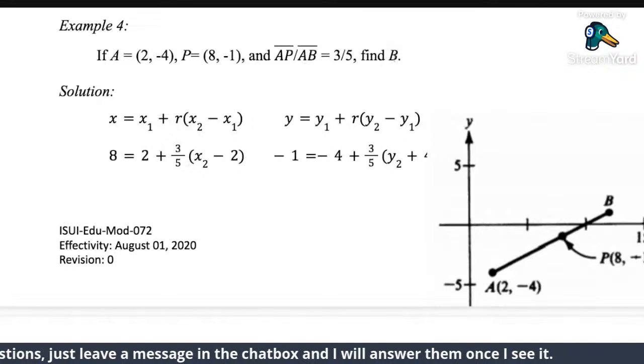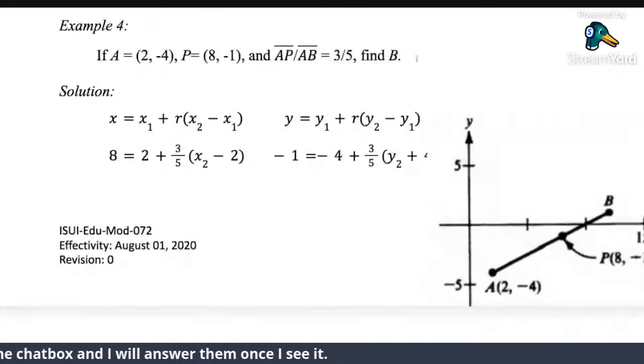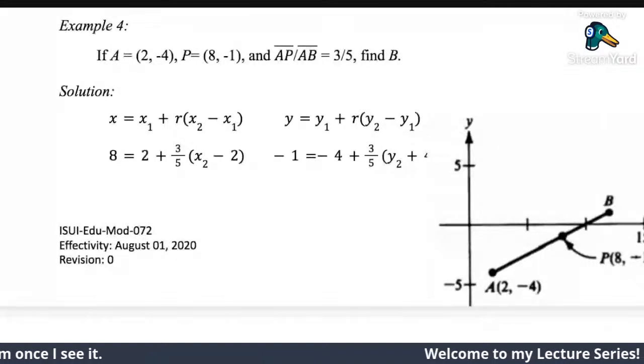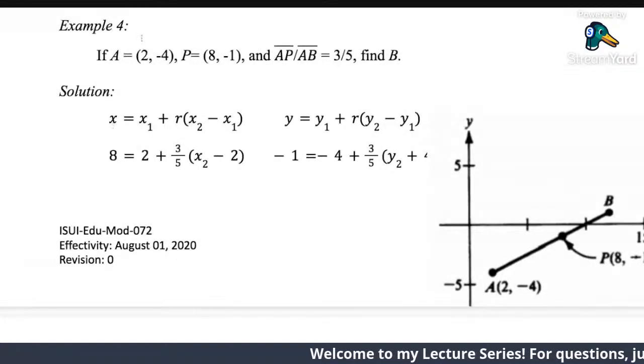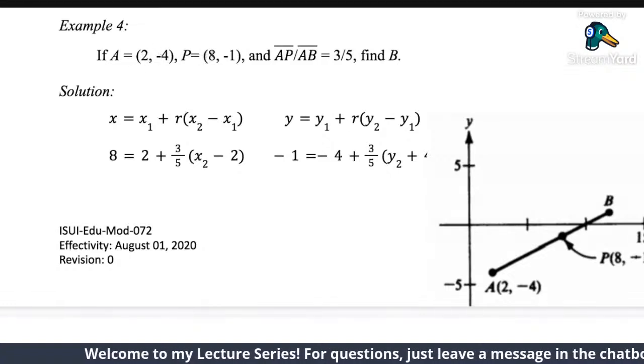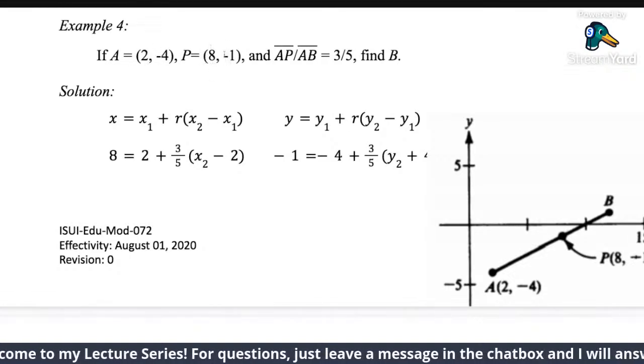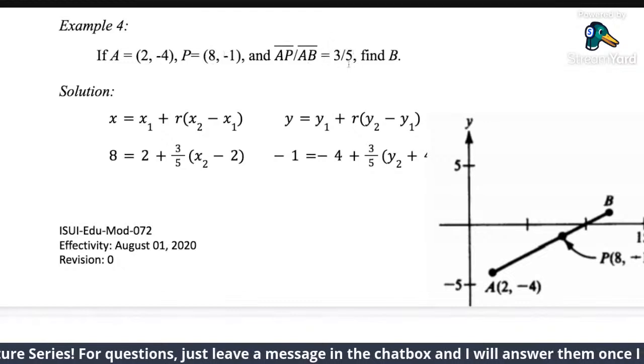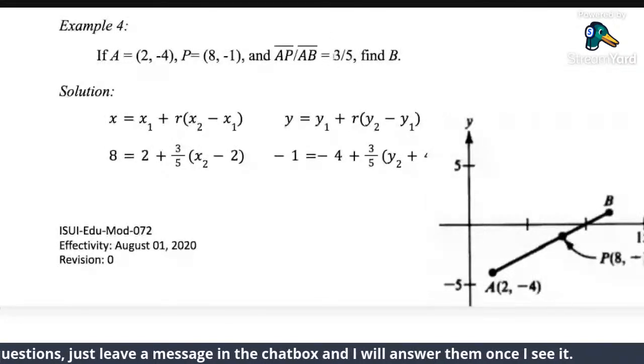So when we talk about endpoint B here, what you're solving for is x sub 2 and y sub 2. Okay? So we have here x sub 1, y sub 1, x sub 2, y sub 2, and we have our r, which is 3 over 5. So r here is the ratio.